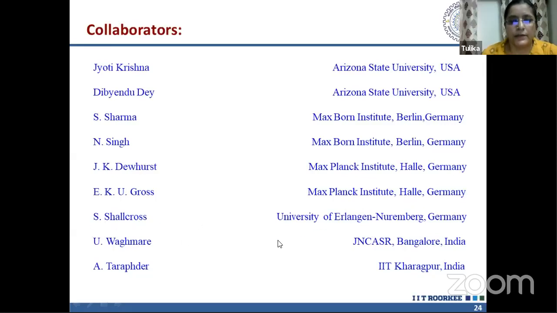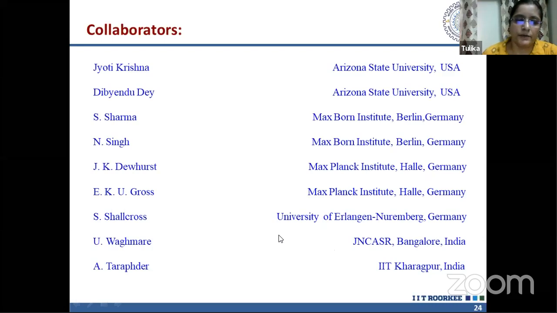So we have done these source-free exchange correlation functional calculations in collaboration with this German group, and Umesh Waghmare from Jain Center and Orbital Order from IIT Kharagpur. We collaborated with them for this spin phonon coupling calculations in MnV2O4.